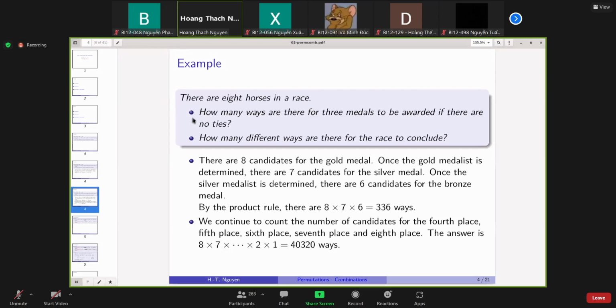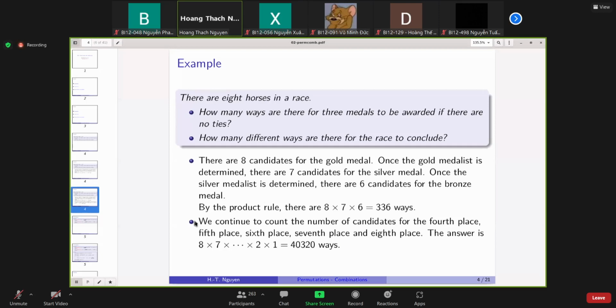So you need not organize a race in order to determine this. You just take the 8 horses and you arrange them randomly. And so, in fact, we have counted the number of arrangements of the horses.